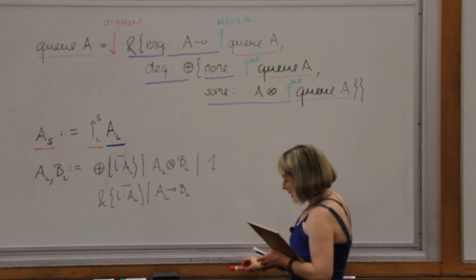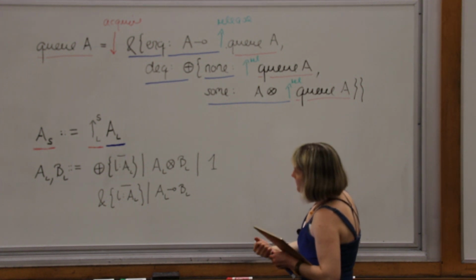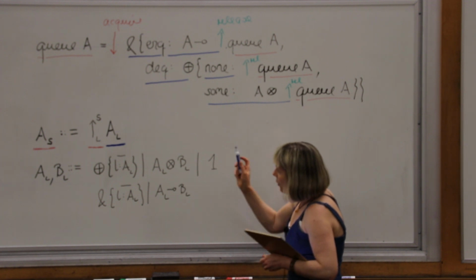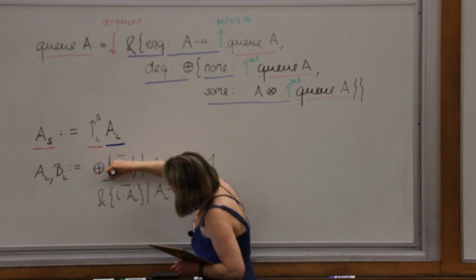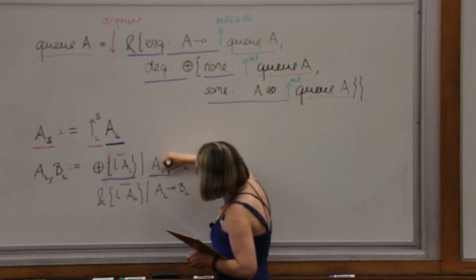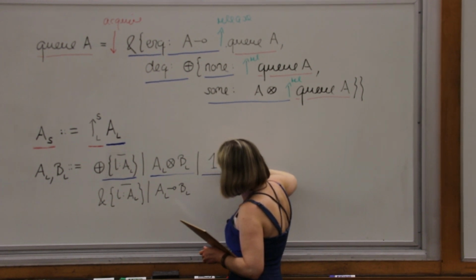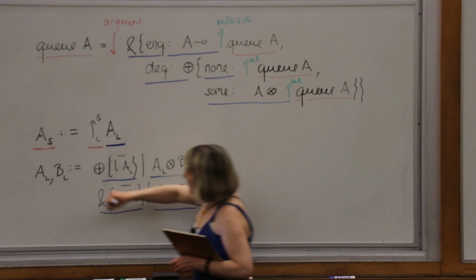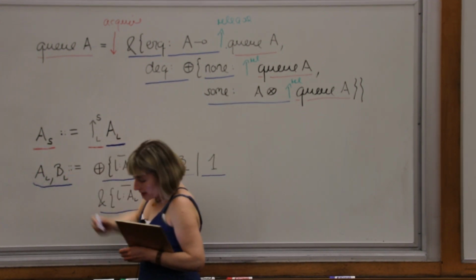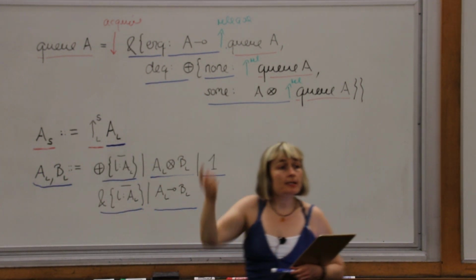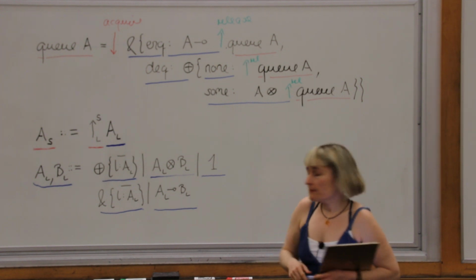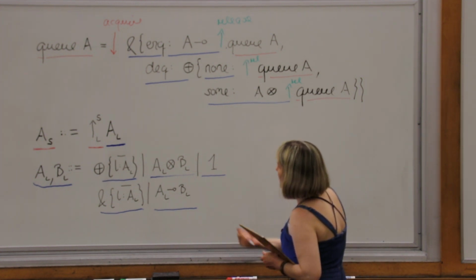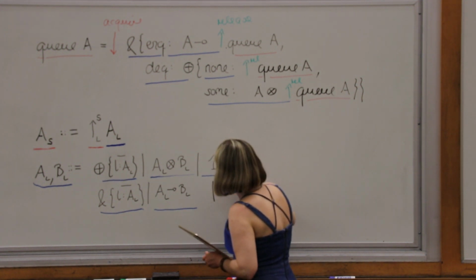Okay. Then here, these are all linear propositions. So that means we also need the down arrow. Good. Let's do that. So we get an additional connective.